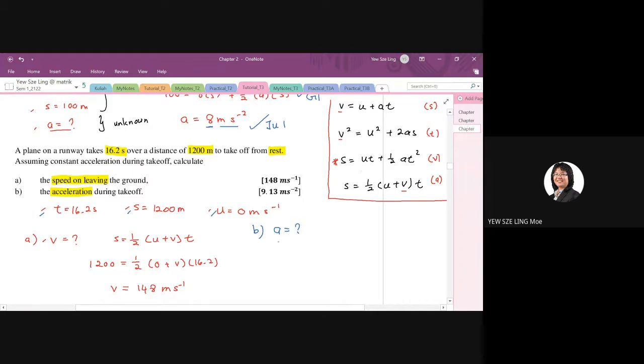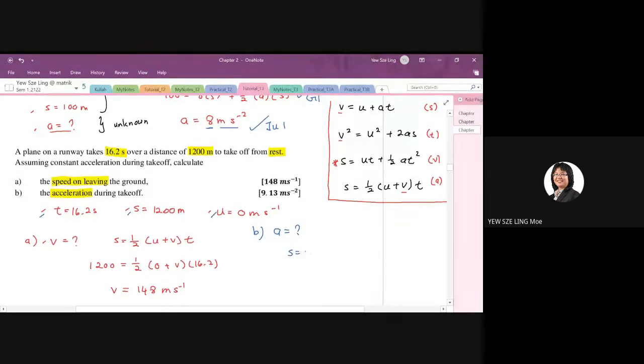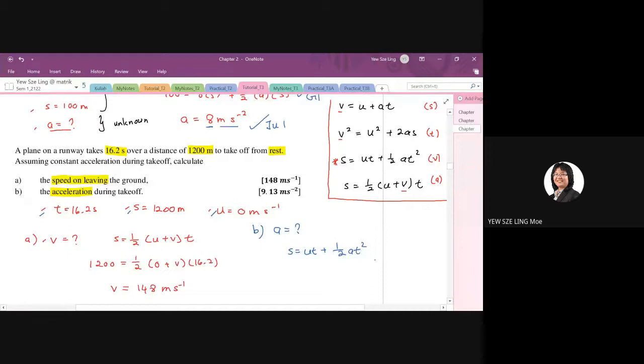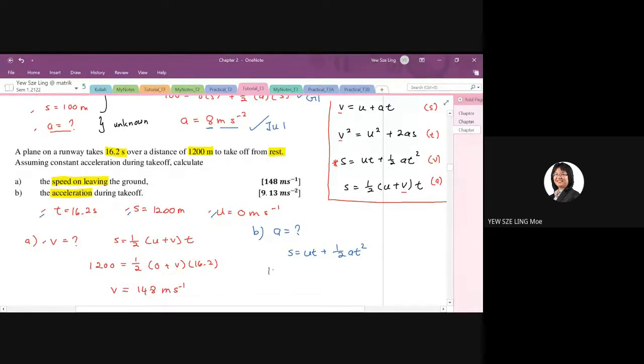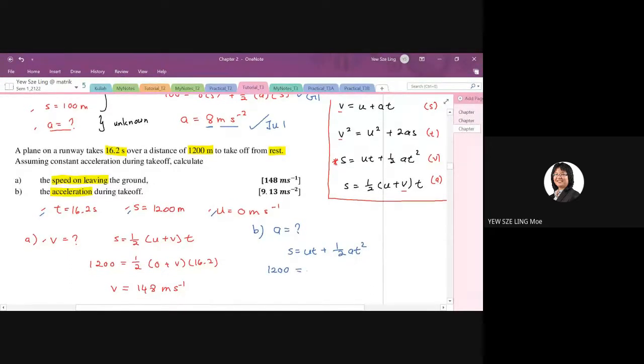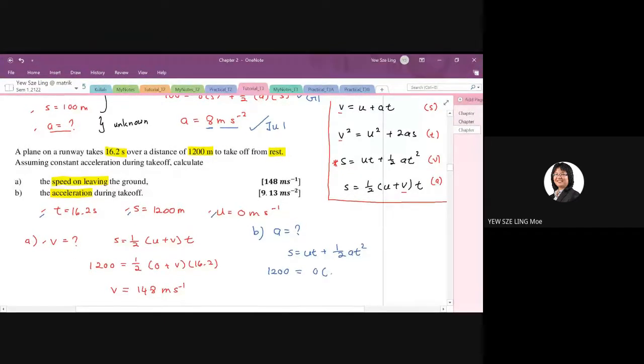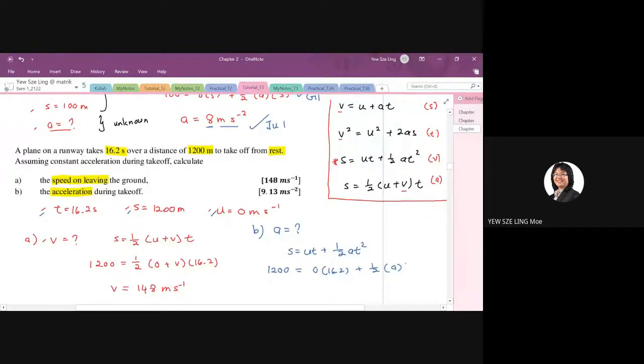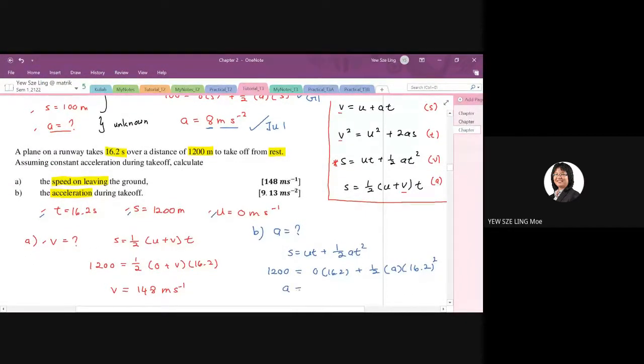The third equation is s equals ut plus 1/2 at squared. So s is 1,200 equals, now u is 0, so 0 times 16.2 plus 1/2, and then a is the unknown, times 16.2 squared. Rearrange the equation, a is equal to 9.13 m s^-2.